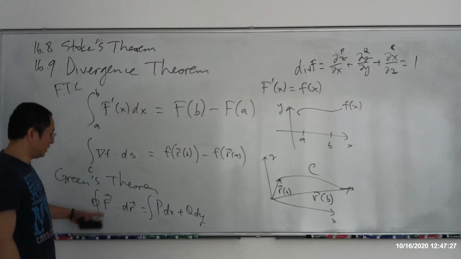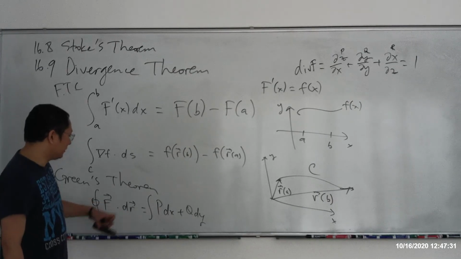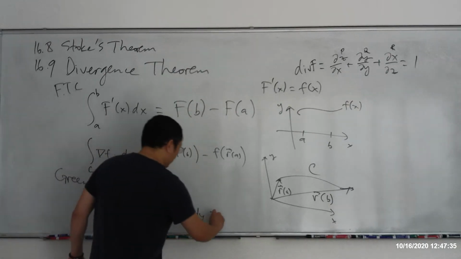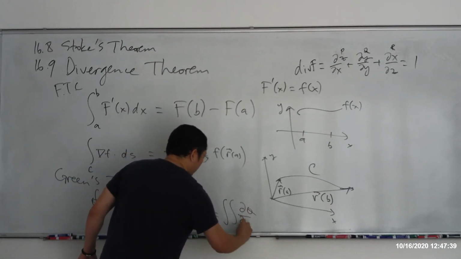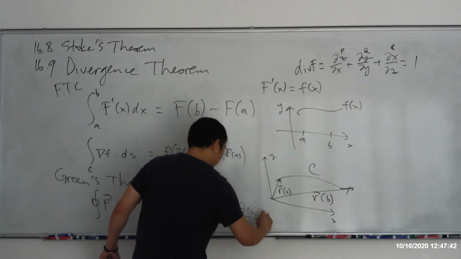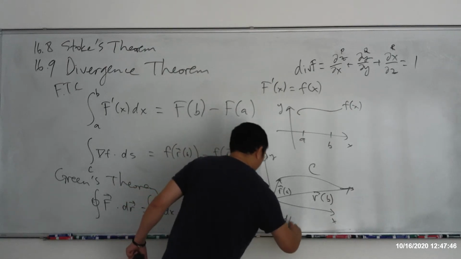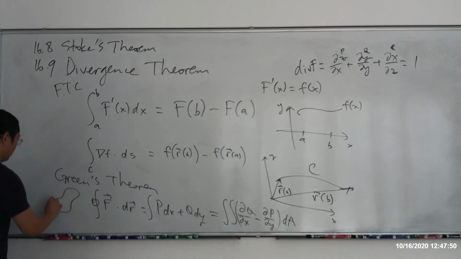F is a vector field on two-dimensional space, and r is (x, y), so dr is (dx, dy). Green's theorem says this is equal to the double integral of dQ/dx minus dP/dy over the region dA. And the condition is that it has to be a closed curve. This is the curve C.